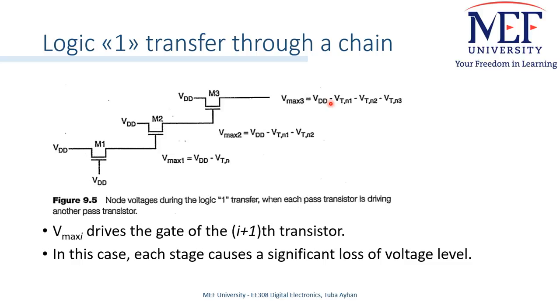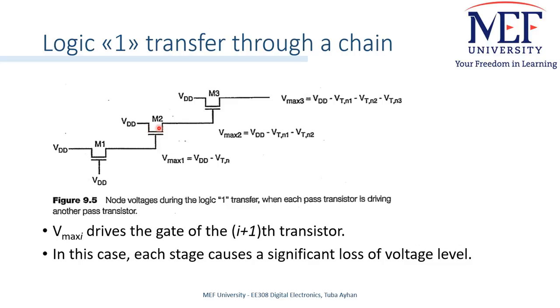This is a different case in which the output of each pass transistor drives the gate of the next one. Here, the output of the first pass transistor M1 can reach the limit Vmax, VDD minus Vt0. This voltage drives the gate of the second pass transistor, which also operates in the saturation region.